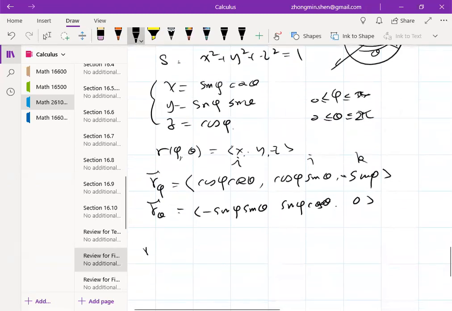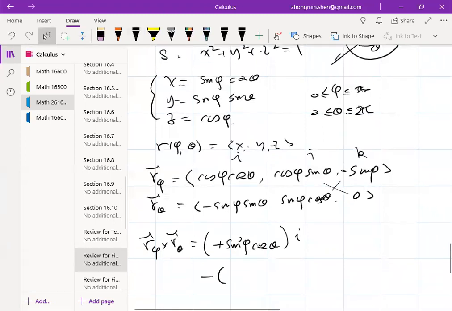What is i? It's the cross product of this, negative sine squared phi cosine theta. Yes, it's positive. Okay.